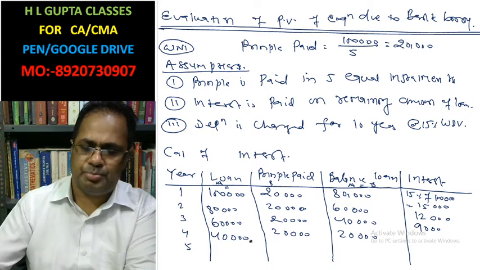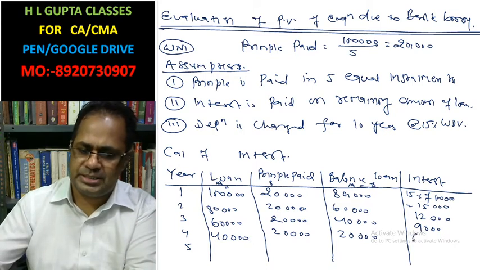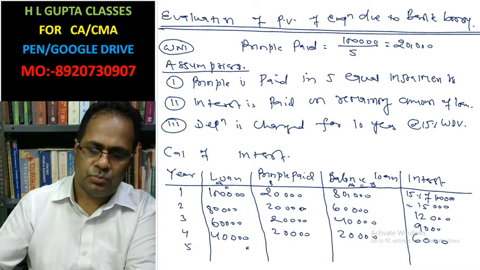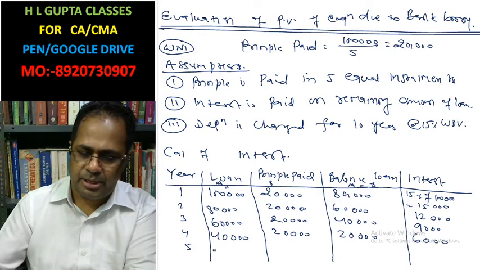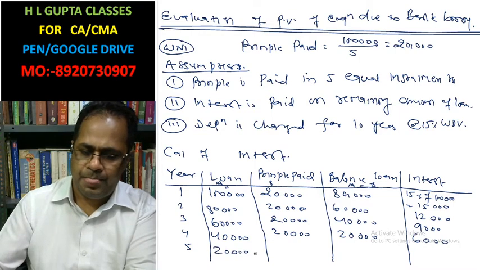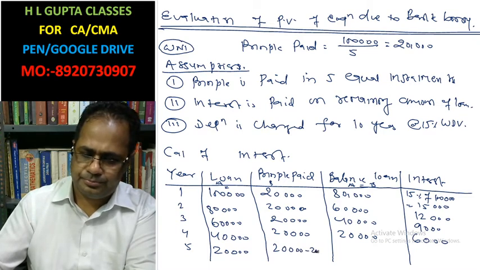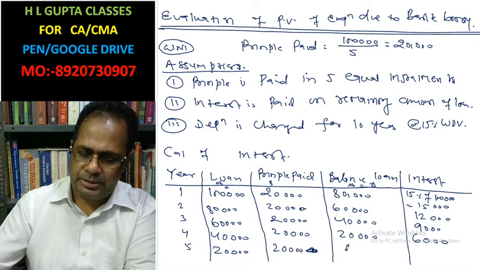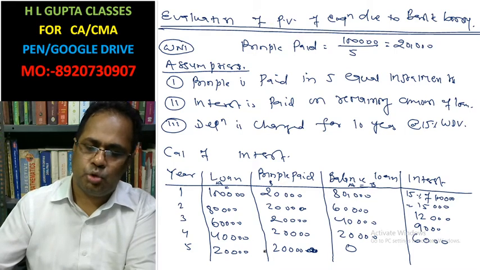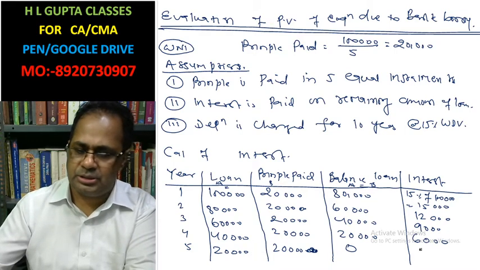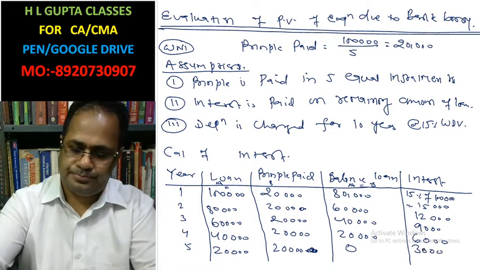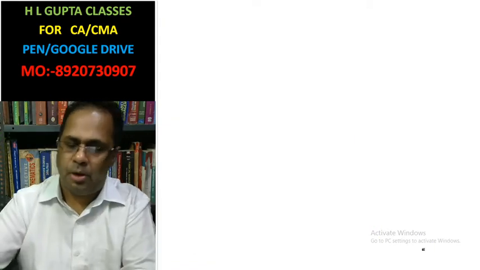Now 15% of 40,000, this is 6,000, and this is the remaining amount 20,000, and 20,000 you paid here, and this is 0. The 15% of 20,000, this is 3,000. This is your interest. Look at it.